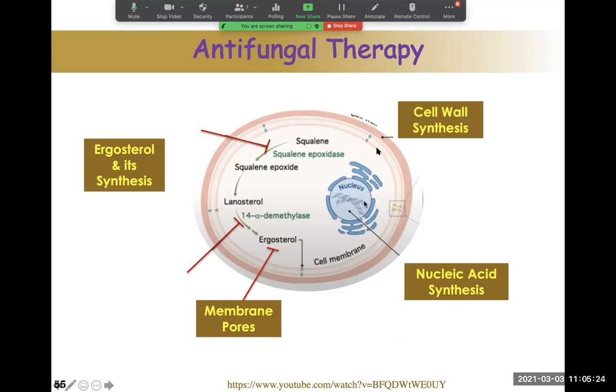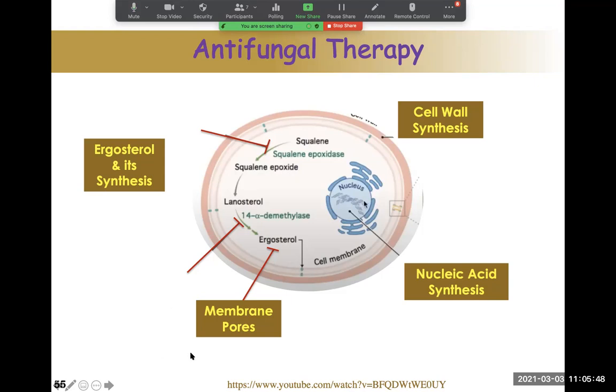Here are the four main antifungals available. As I told you, you go after ergosterol, and we know the ergosterol pathway goes from squalene to squalene epoxide to lanosterol to ergosterol. So you have drugs that particularly target squalene epoxidase, so it can't make squalene epoxide.